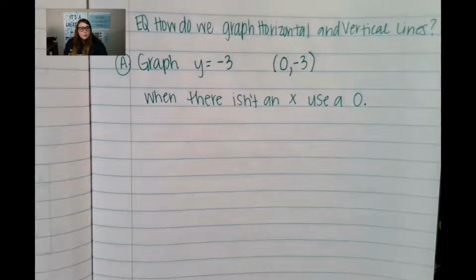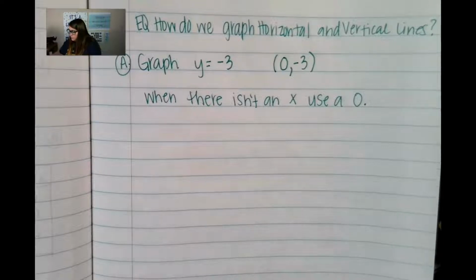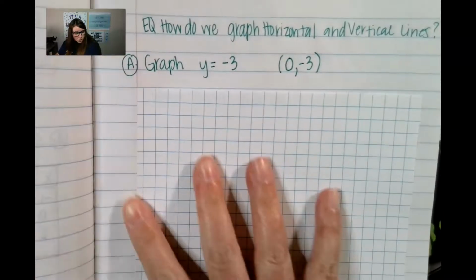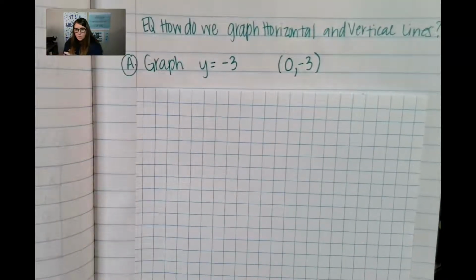So now we're going to look at graphing. What does this graph even look like? We're going to draw our lines just like you normally would. Let's pull it up.